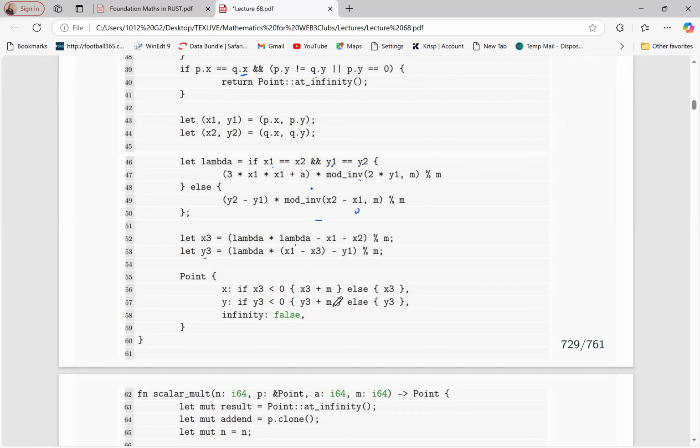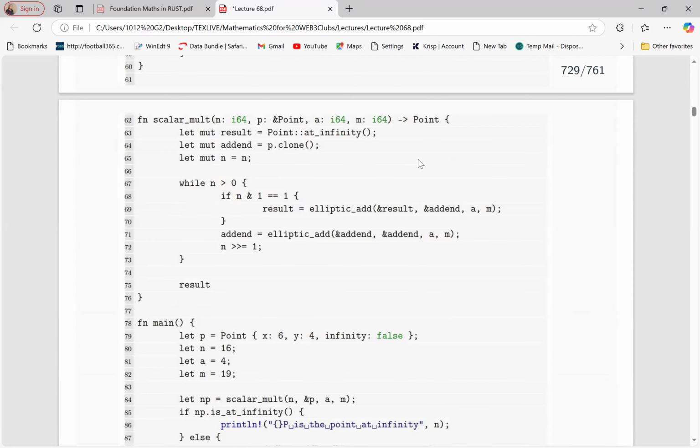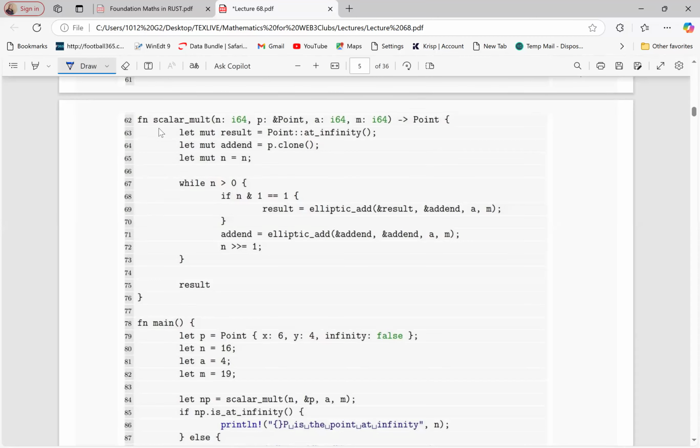I've been using none, so you can interchange either none or false, and interpret it as point at infinity. Now, that code is doing the addition of points. But the one that is doing scalar multiplication is this.